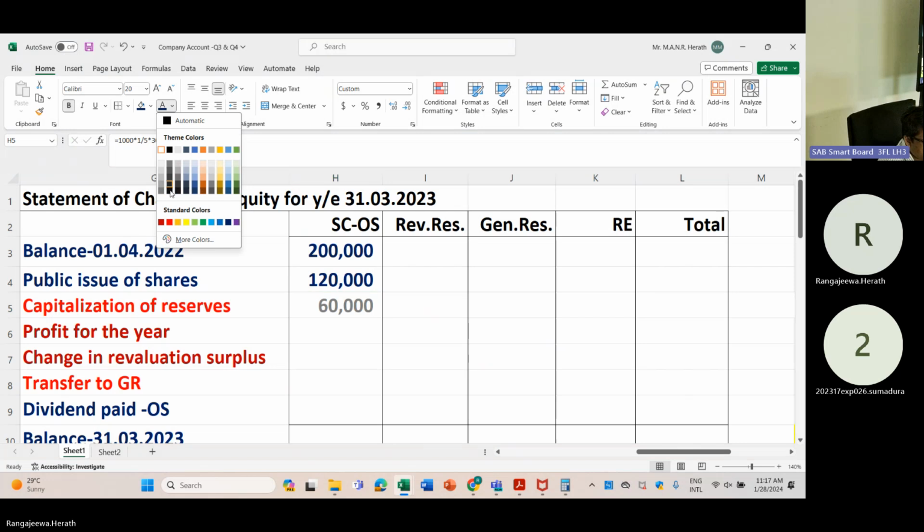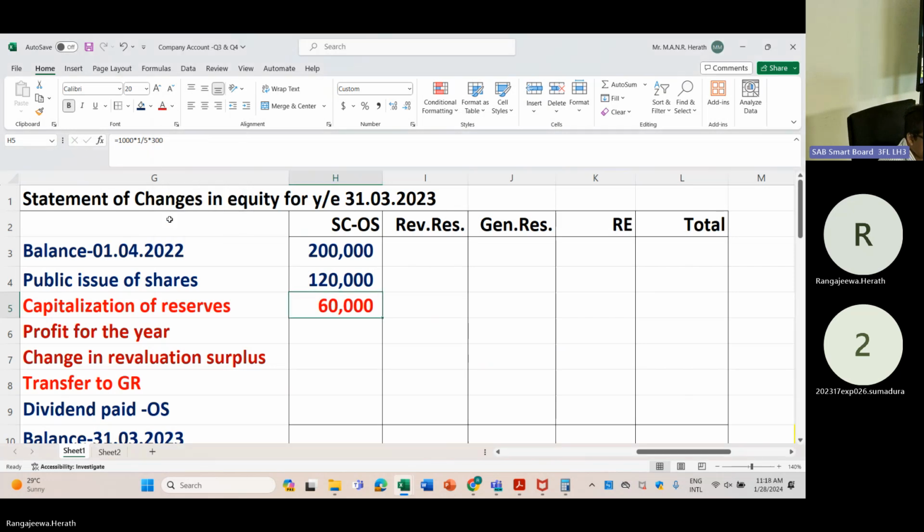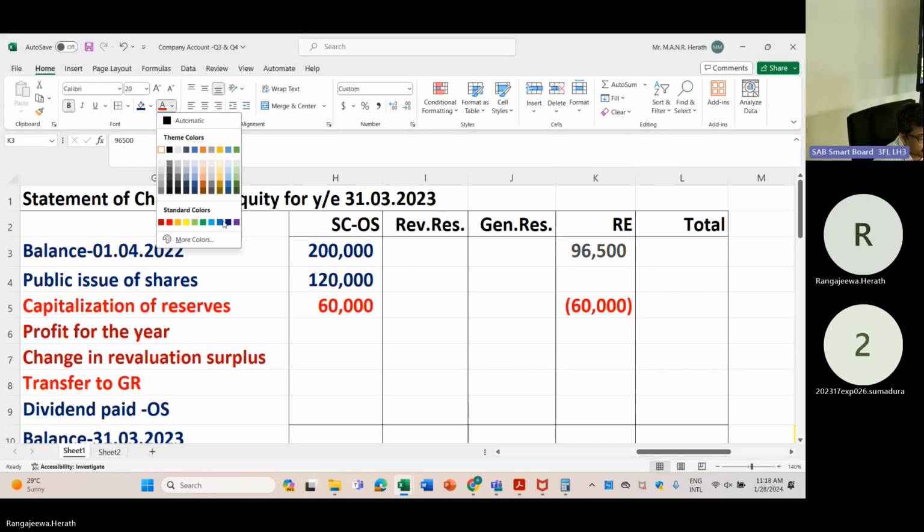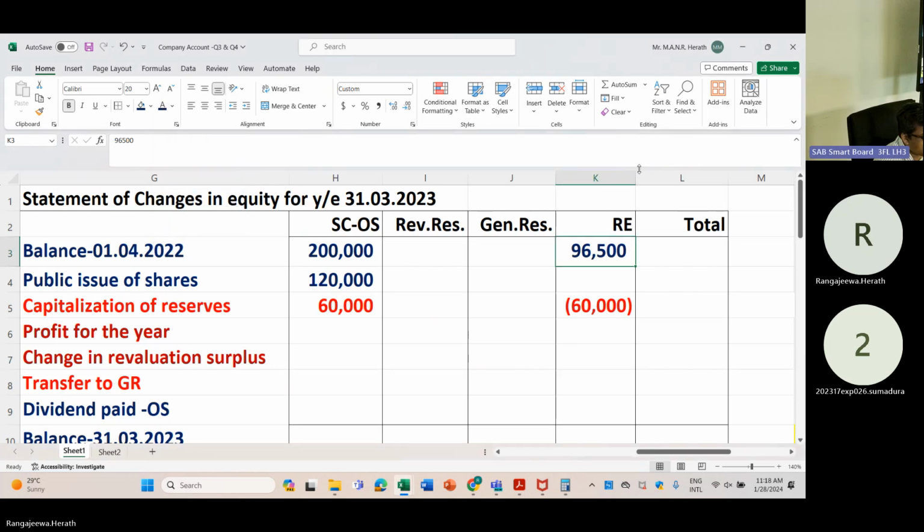So the capitalization of reserve is unaccounted. Now we can account for it: that is 60,000, deducted from the retained earnings. The trial balance gives the retained earnings opening balance of 96,500.